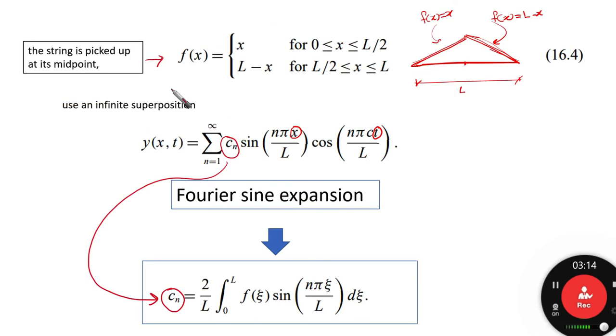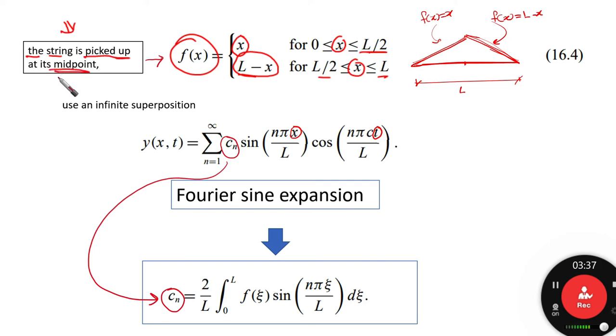Now let's assume that we have a function f of x equals x for x between 0 and L over 2, and equals L minus x for x between L over 2 and L. This is actually the case where the string is being picked up at its midpoint.